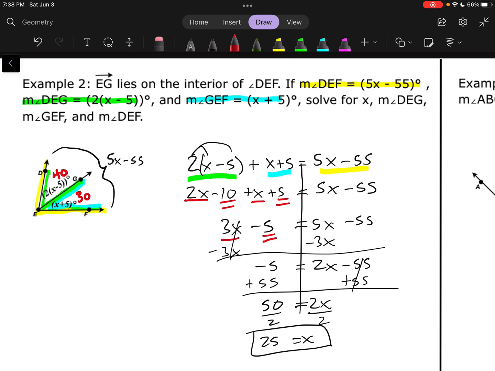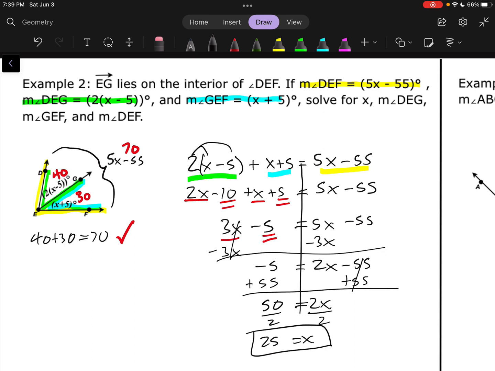And then up top, for the big angle, 5 times 25 is 125. 125 minus 55 is 70. So, does 40 plus 30 equal 70? It does. So that checks out.